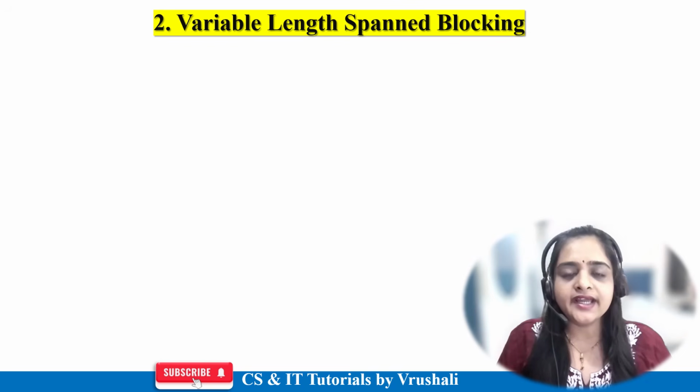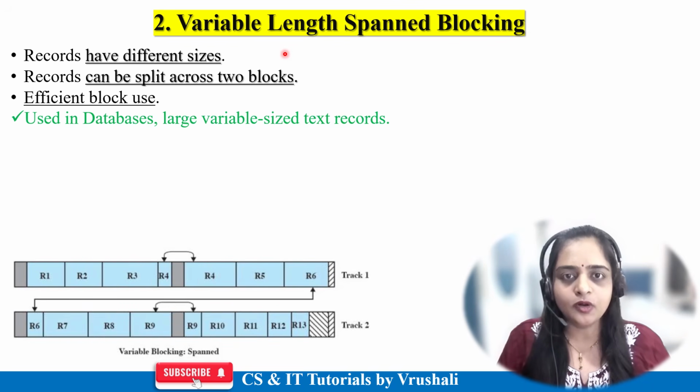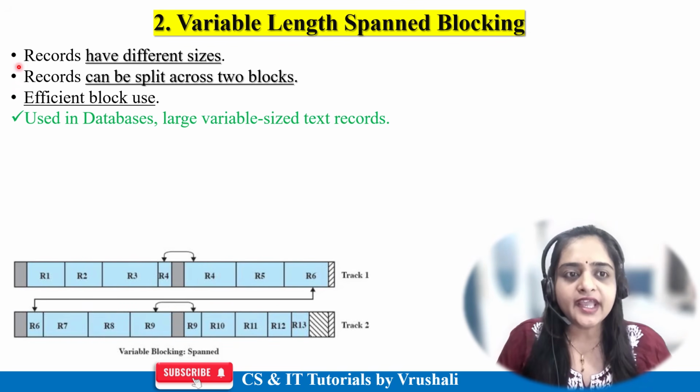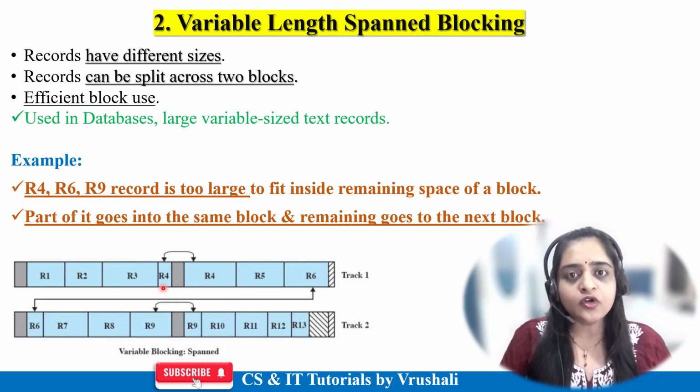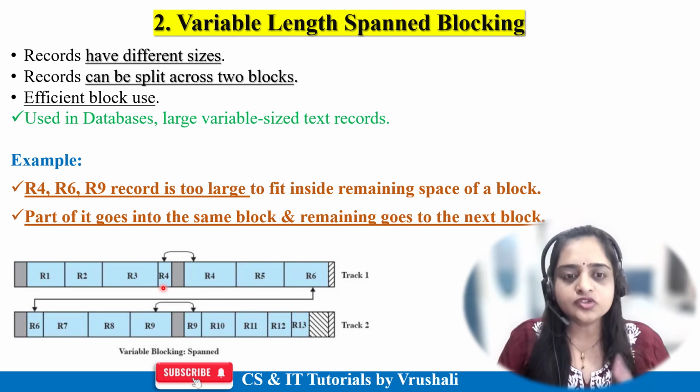The next method is called variable length span blocking. Here every record has a different size, not a fixed size. At that time the operating system uses the concept of splitting while storing data on the hard disk. See here in this diagram, suppose the R4 record is too large, right? Then this record is divided into two blocks separately.